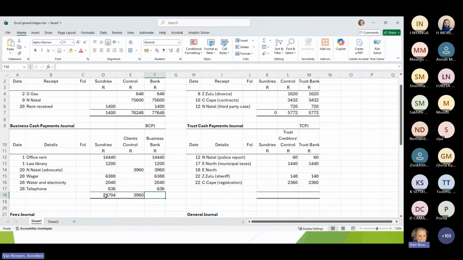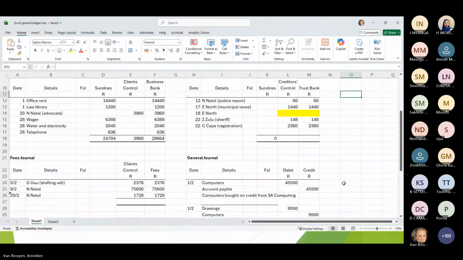And if we use the calculator, again, this plus this must equal that one. Okay, this one I'm not going to add because we still need to complete that line there. So for now, I'm just going to leave that open for you. The fees journal. Okay.